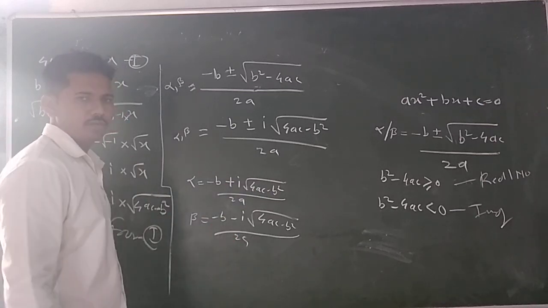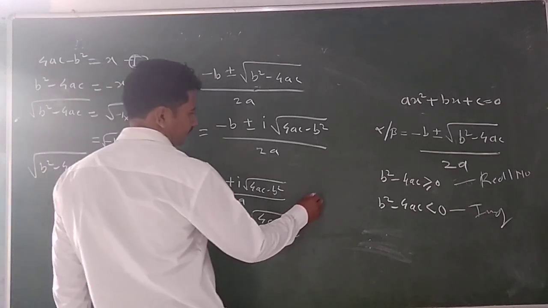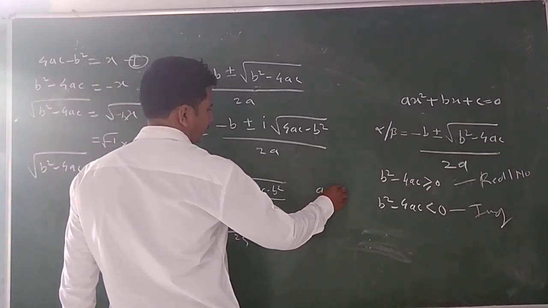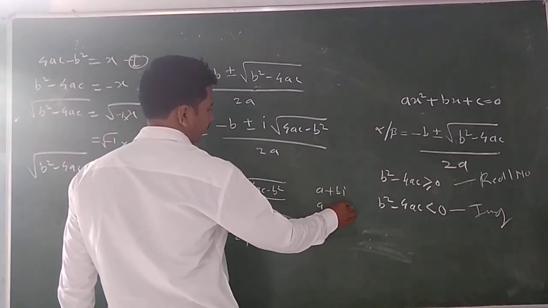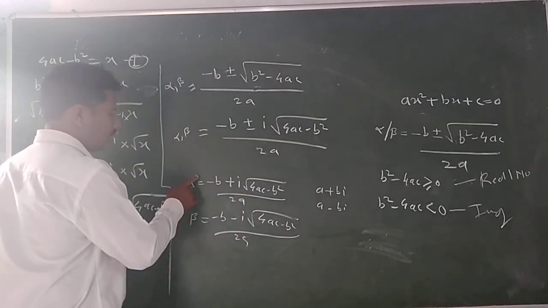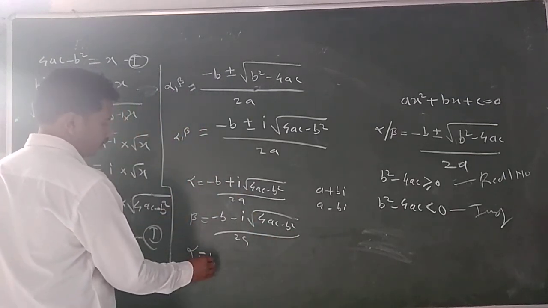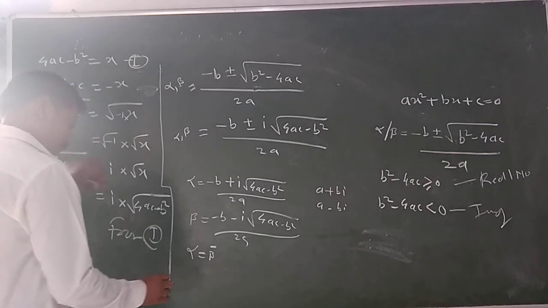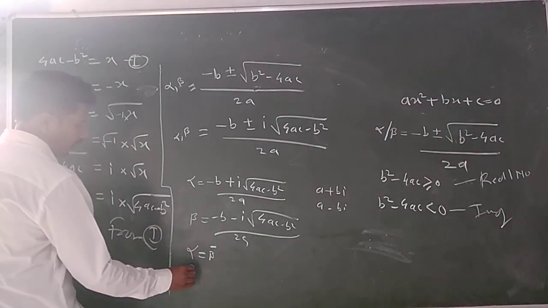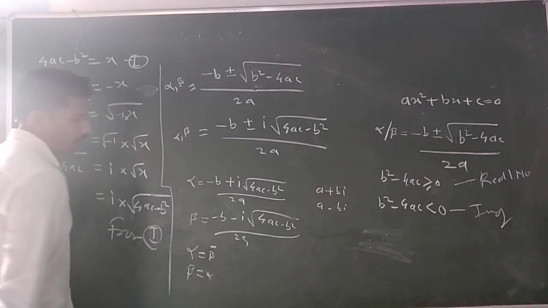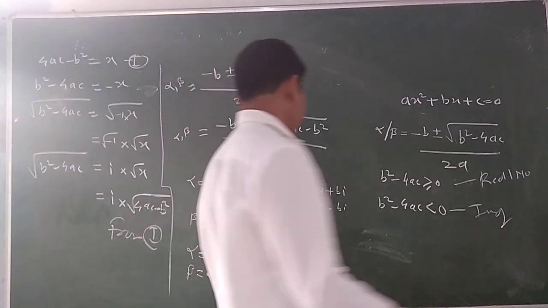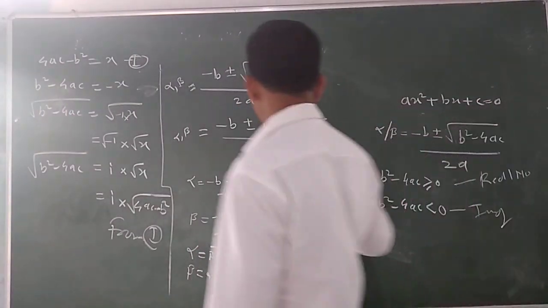So these two are conjugates of each other, since the conjugate of a plus bi is a minus bi. We can write alpha is equal to the conjugate of beta, and beta is equal to the conjugate of alpha. So remember this property also.